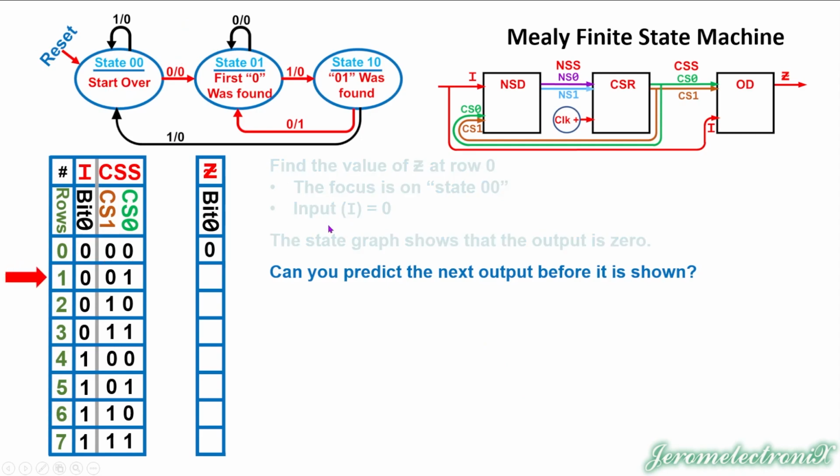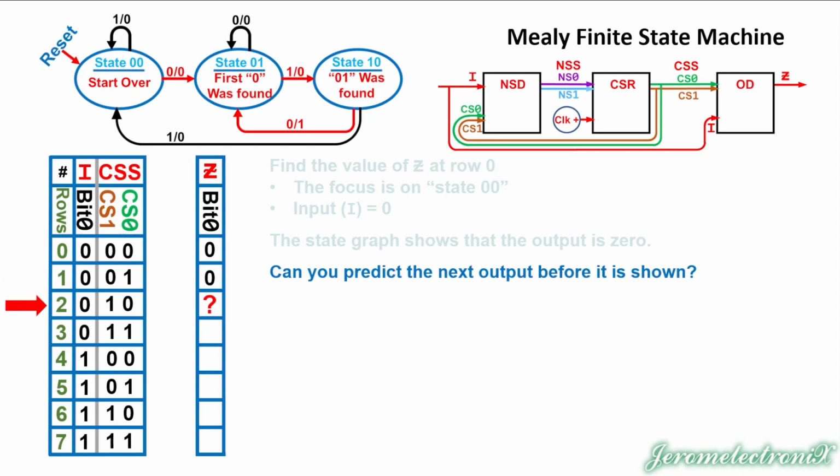You should probably predict the rest of them, but I pretty much told you what the rest are. The 1 output is only going to be in state 1, 0, and if we receive a 0. So here, that's state 1, that's a 0, that's what we have. It's a 0 there.